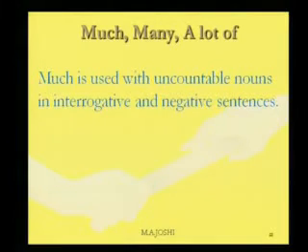Much is used with uncountable nouns in interrogative and negative sentences. Much, you have studied it in your earlier standards also, for example, how much time do you need. Time is an uncountable noun and it is an example of an interrogative sentence.